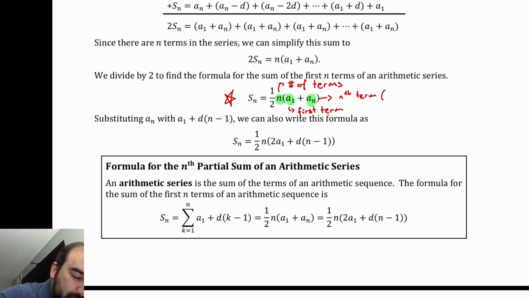Or in our case, because we're adding n terms together, this is going to be the last term of your series. So all we need to know is the number of terms, the last term, and the first term. We add the first and the last term together, multiply by the number of terms, and divide by 2, or multiply by 1/2, in order to get the sum.